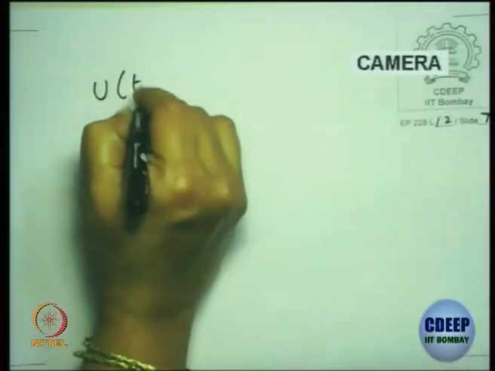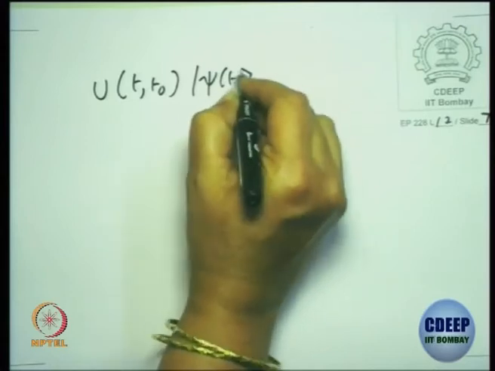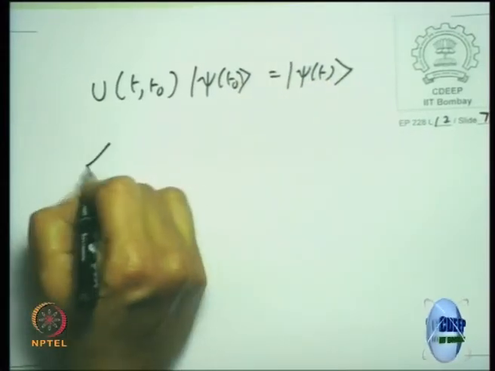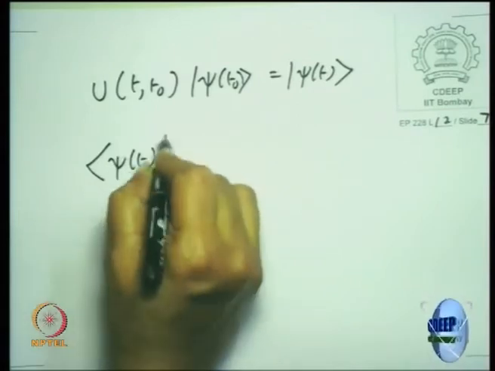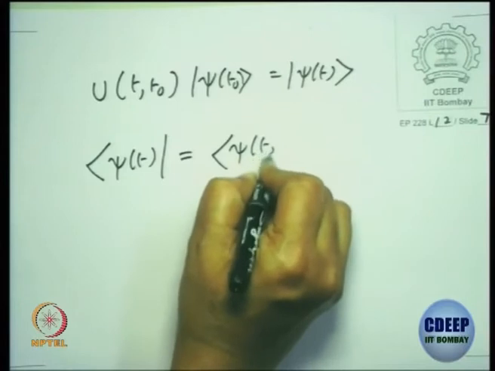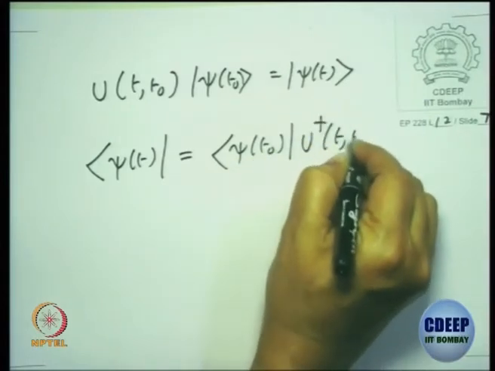Okay. So this is the beauty, that U(t, t naught) operating on psi of t naught, we call this psi of t. I want to write what is psi of t. I would have written this as psi of t naught, U dagger of (t, t naught).